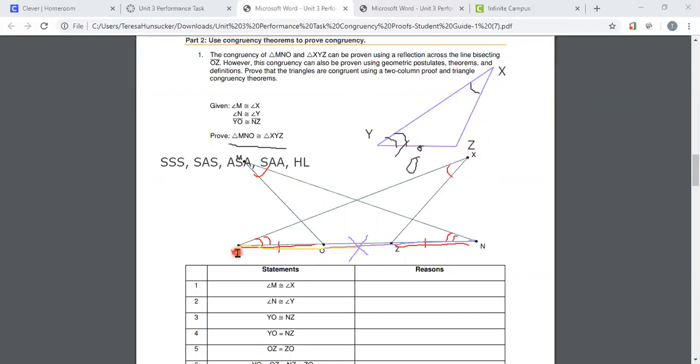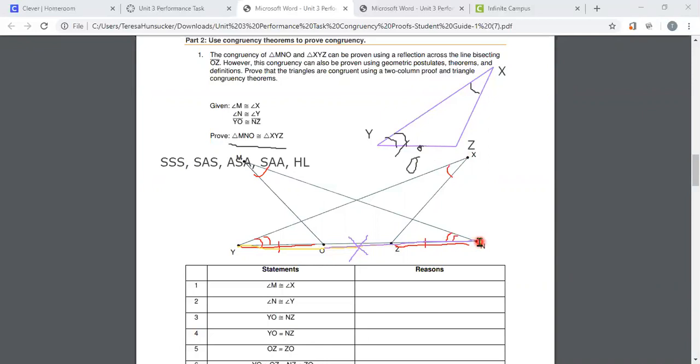Then we can say that YO plus OZ equals the whole segment YZ, and that's the segment addition postulate. Then we can do the same thing with the triangle on the left. We can say NZ plus OZ equals the entire segment NO.